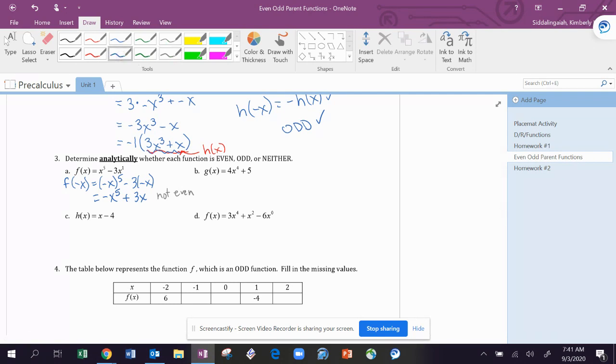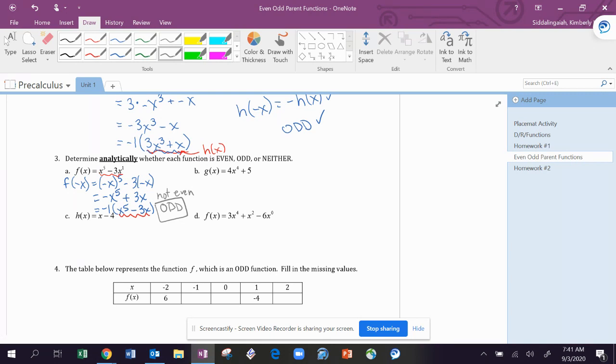So I'm going to keep going and factor out that negative 1 and see if that helps. Oh, and look, what we have in parentheses is the same as the original. So that tells me that this function is odd because f of negative x equals the opposite of f of x.